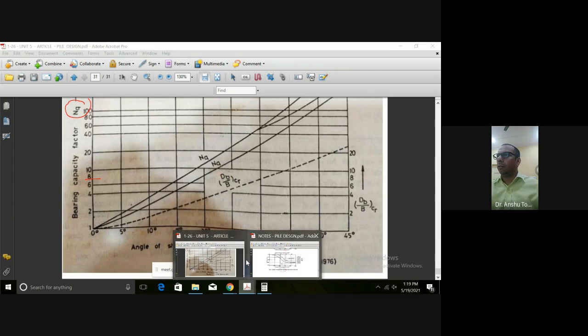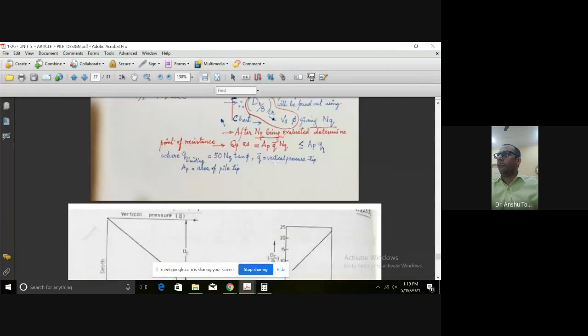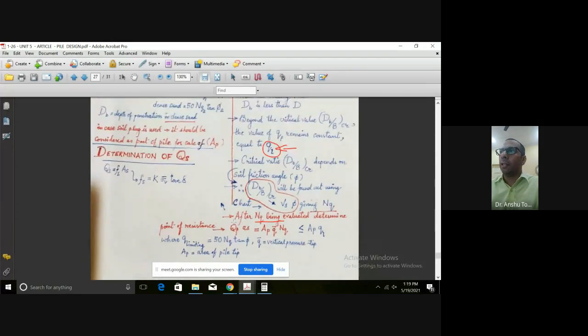And after NQ is being evaluated, determining point resistance QP, this is the overall QP, which is AP into Q bar NQ, which should be less than AP into Q limiting.